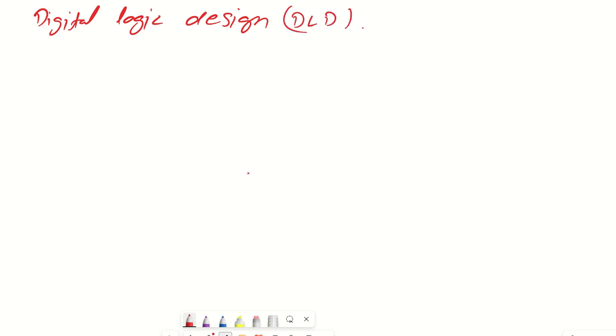First I will just discuss the topics that we will be discussing. Digital logic design, or in short DLD. The topics that I will be discussing, we can write down as: first one, Boolean algebra.